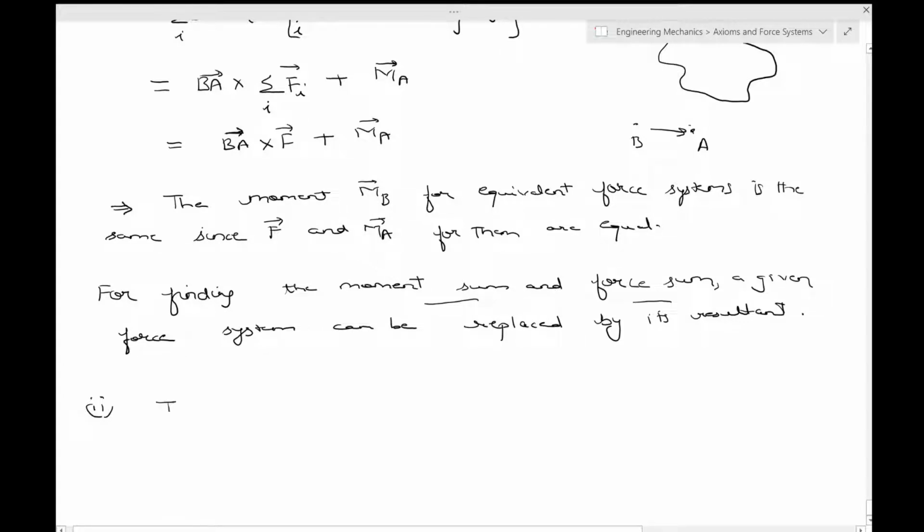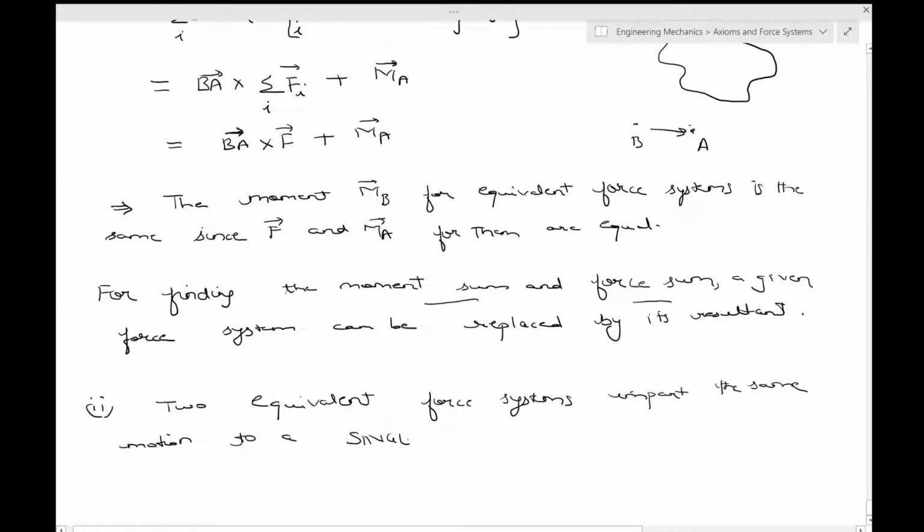Now, the second point is two equivalent force systems impart the same motion to a single rigid body.